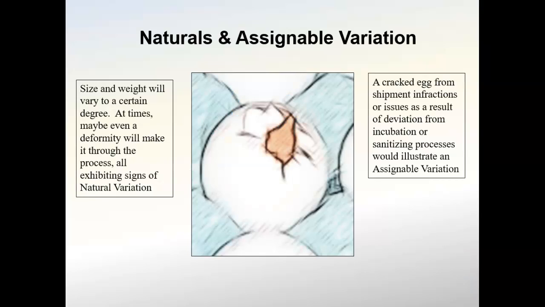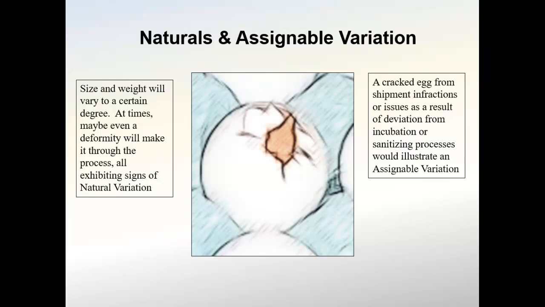So think about the differences between natural and assignable variation. Think about eggs. Size and weight will vary to a certain degree, and at times maybe even a deformity will make it through the process, all exhibiting the signs of natural variation.